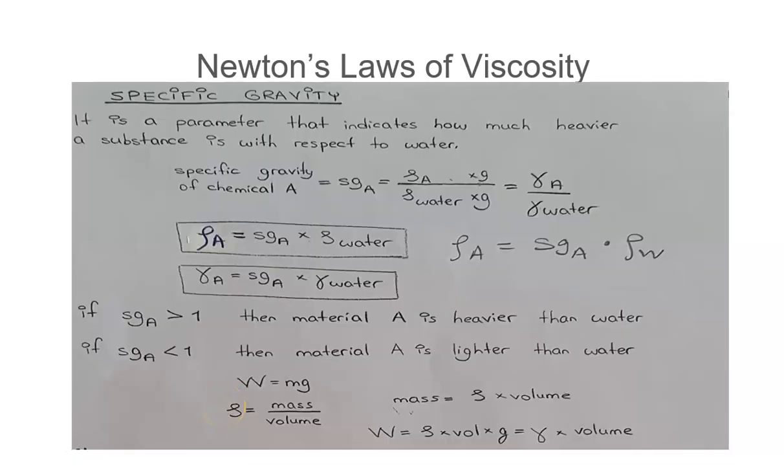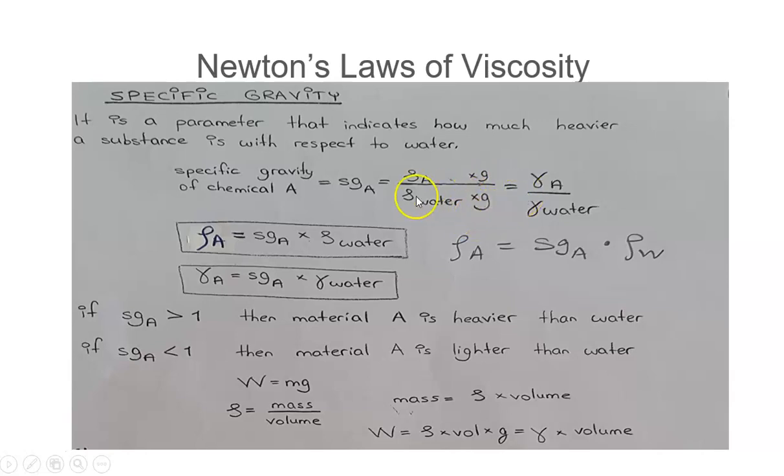The next quantity we should pay attention to is specific gravity. It's a parameter that indicates how much heavier a substance is with respect to water. When you compare a substance to water, how much heavier is that substance? The specific gravity of a chemical, let's say chemical A, which we represent with SG_A, will be equal to the mass density of A multiplied by acceleration due to gravity, divided by the mass density of water multiplied by the acceleration due to gravity.